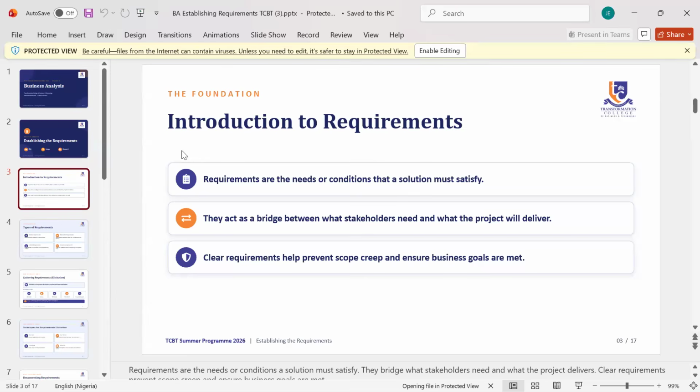Thank you very much. Okay, so what does establishing the requirements mean with regards to business analysis? Let me start by painting a scenario so that we understand the full picture of today's interactive session. Let's imagine a scenario whereby a hospital spends $2 million or £2 million, as the case may be, on a new patient booking system.